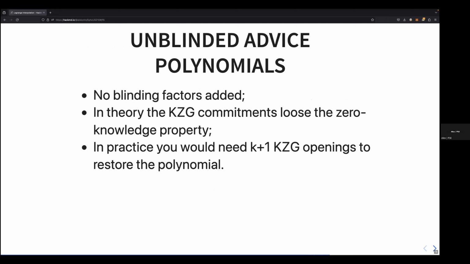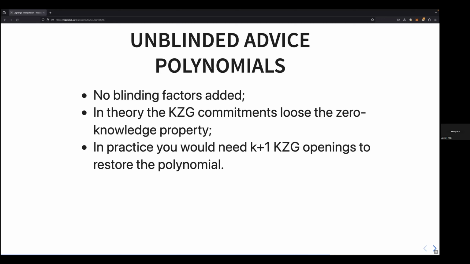But in practice, to restore the polynomial from the KZG openings, you would need to collect as many of those openings as possible, and to restore the polynomial 100% precisely, you would need actually k+1 KZG openings if the degree of the polynomial is k.